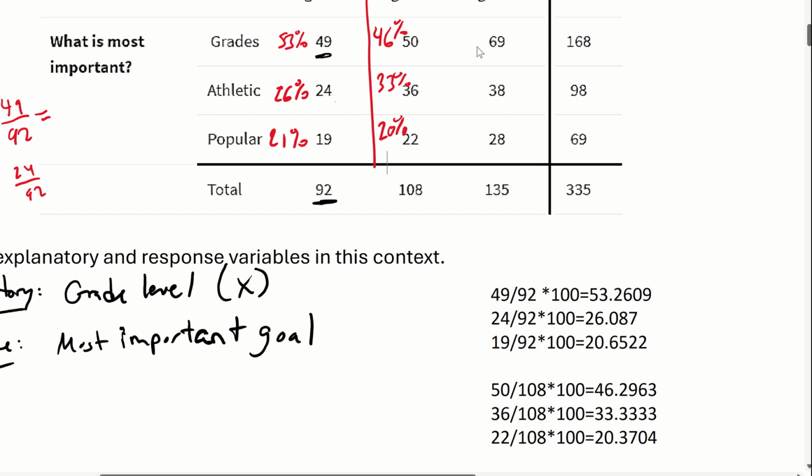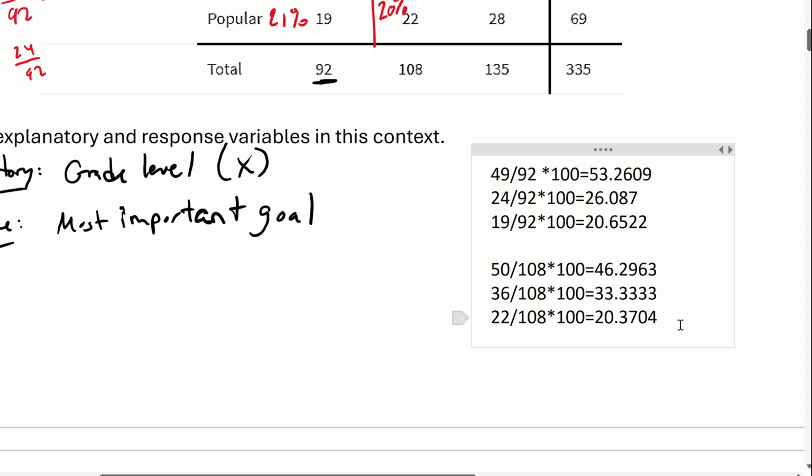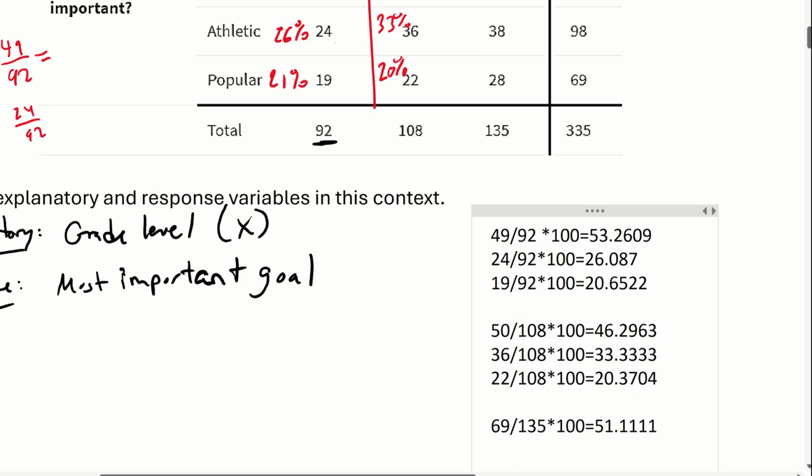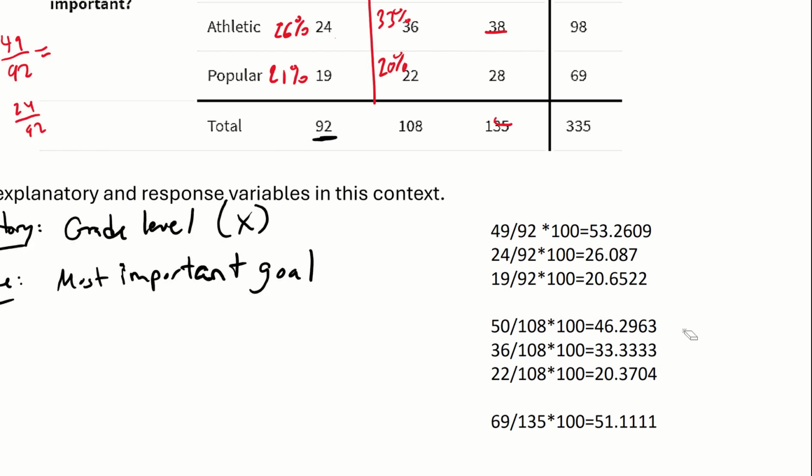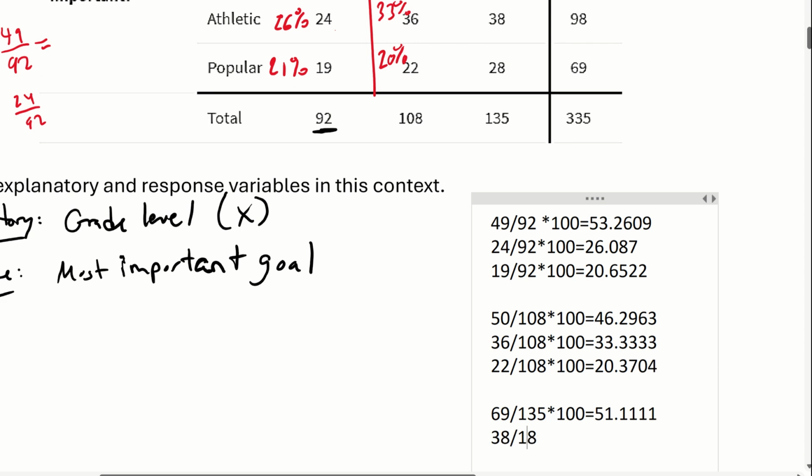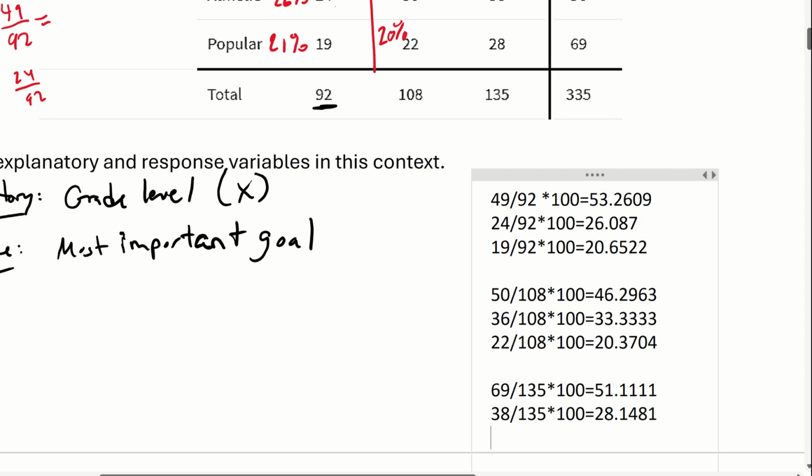And then 69 out of 135 times 100. Then we've got 38 out of 135. And then the last one's 28 out of 135.